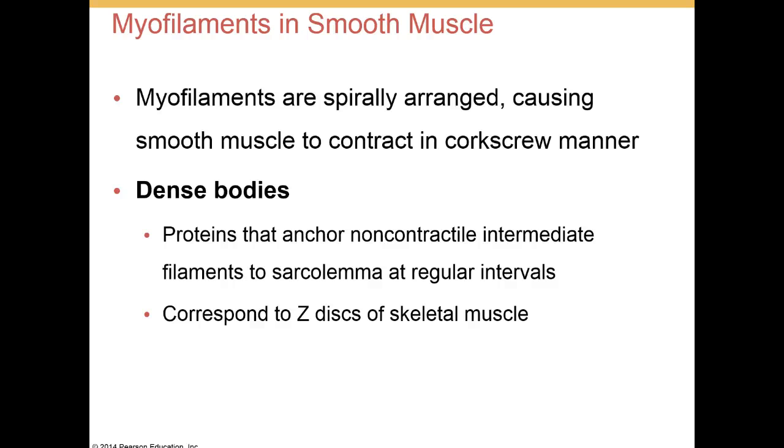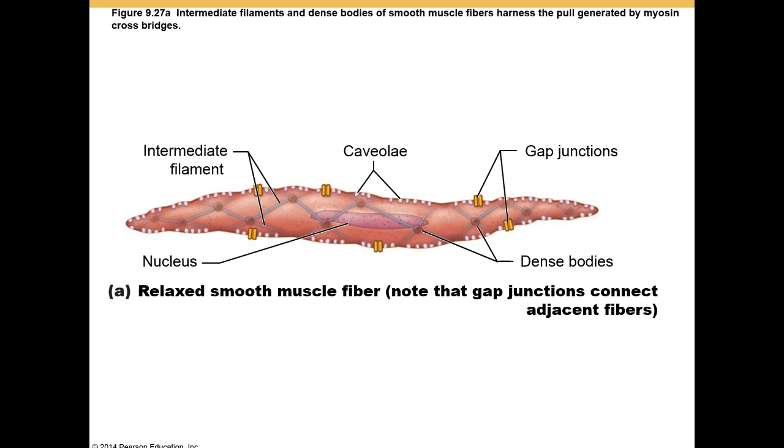Now, you still have the sliding filament mechanism, but now instead of having Z discs at the end of sarcomeres, you have these dense clusters of protein that anchor the overlapping thin filaments to the sarcolemma. So it sort of acts as both the Z disc and the dystrophin molecule. But when you have contraction, you are going to bring the dense bodies closer together in smooth muscle.